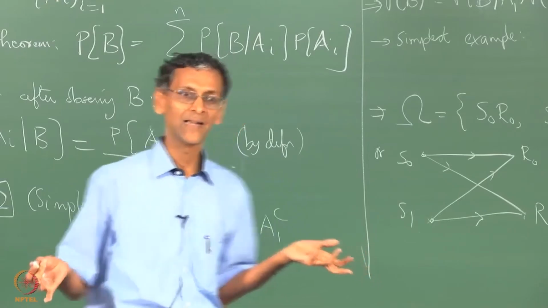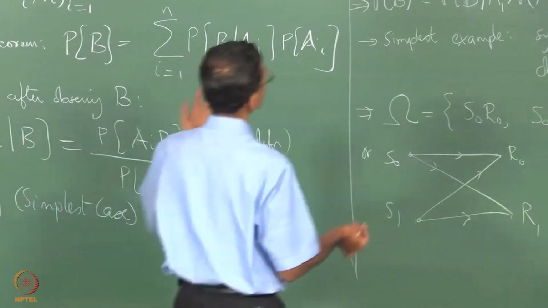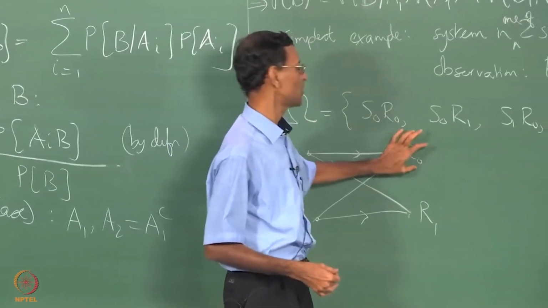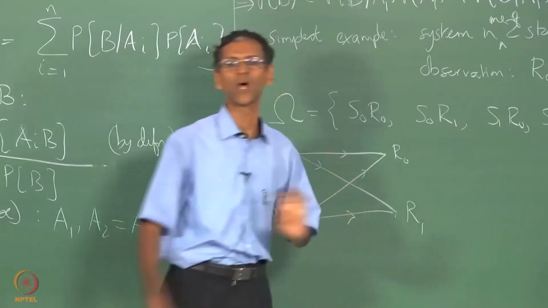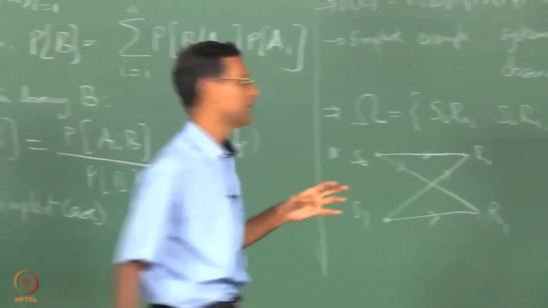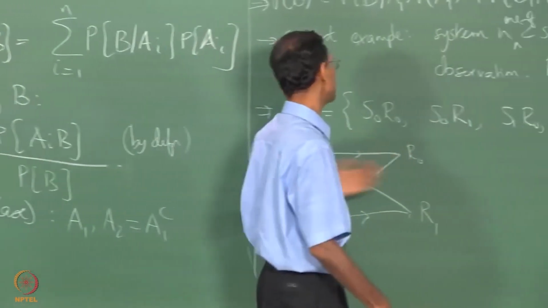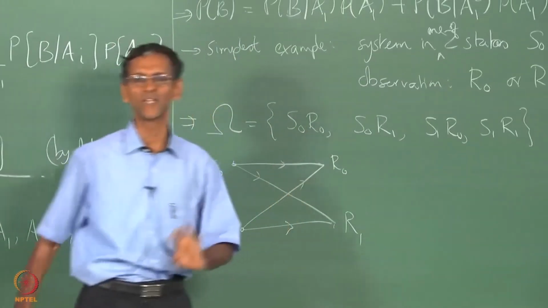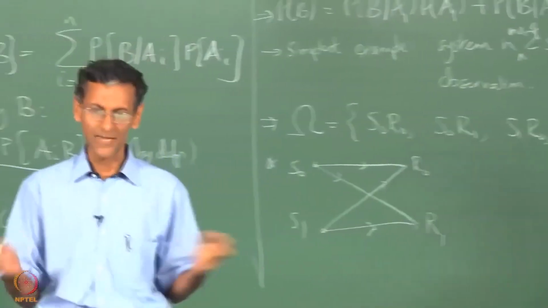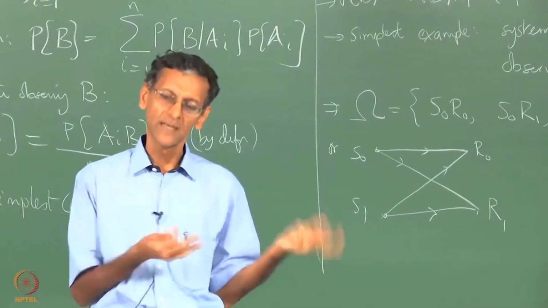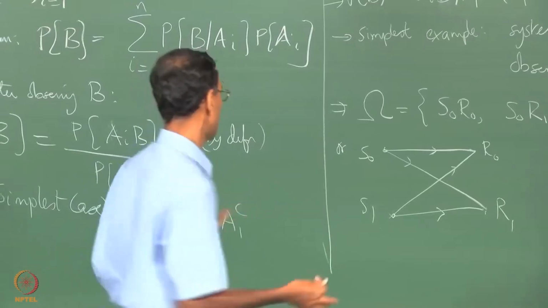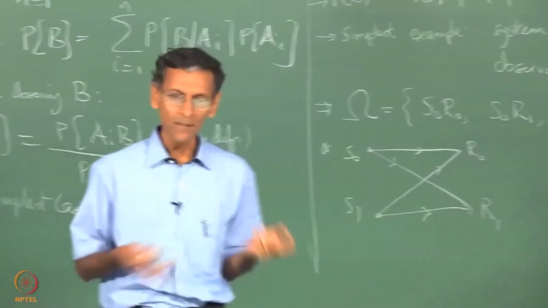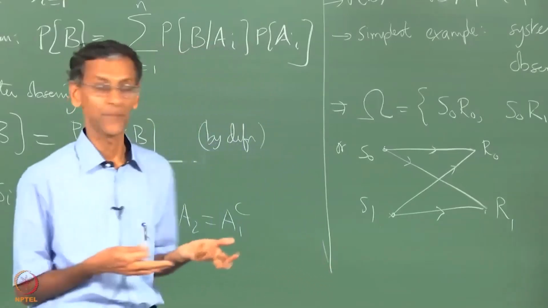And let's say at this point in the lectures, we will assume that if you receive R0, you're going to say S0. You've already decided that if you see R0, you say S0 was sent, and for R1, you say S1 is sent. So that's one possible way in which this happens.